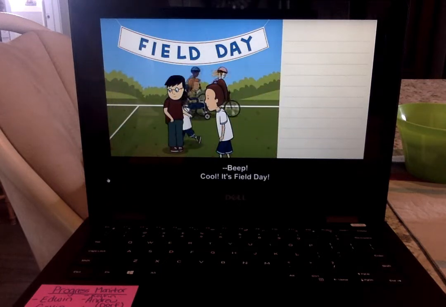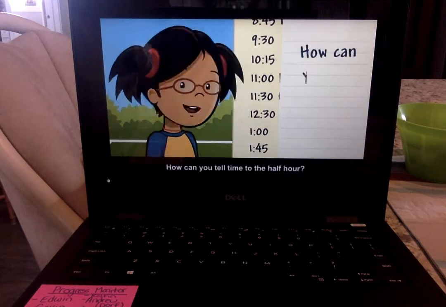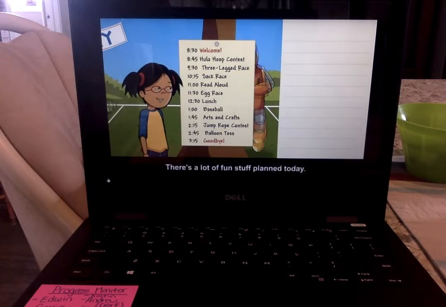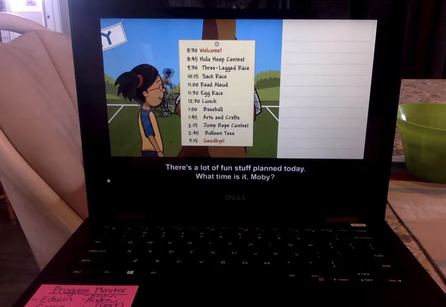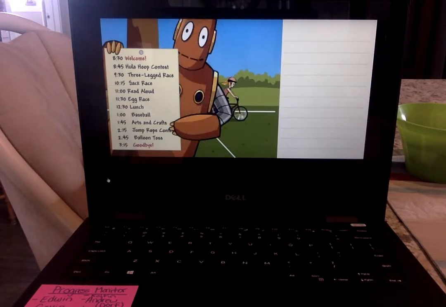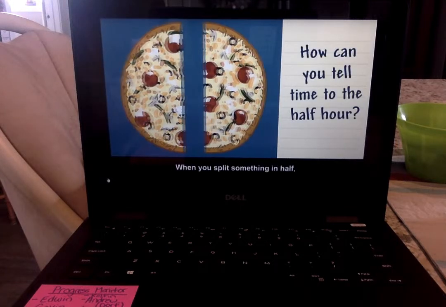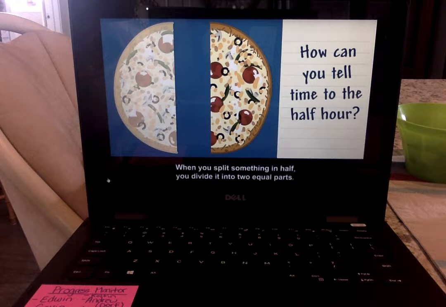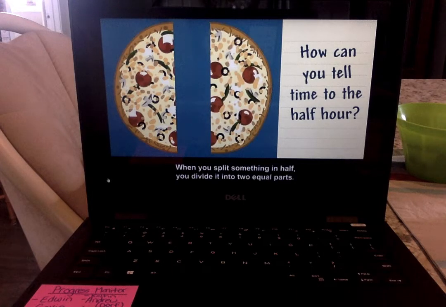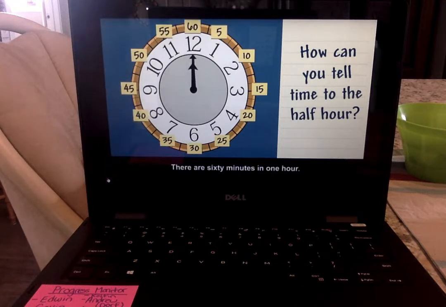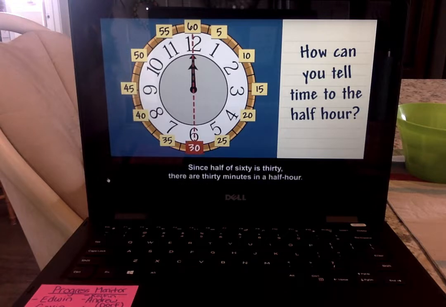Cool. It's field day. How can you tell time to the half hour? There's a lot of fun stuff planned today. What time is it, Moby? When you split something in half, you divide it into 2 equal parts. There are 60 minutes in 1 hour. Since half of 60 is 30, there are 30 minutes in a half hour.